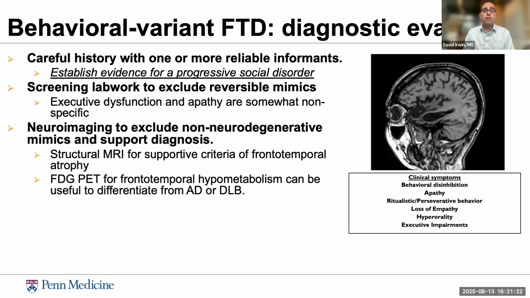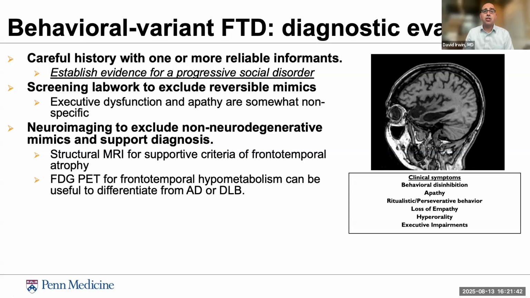Neuroimaging is a key part of the clinical criteria for FTD. It's important to exclude non-neurodegenerative mimics, such as a slow-growing mass in the frontal lobe that could mimic FTD, and also support the diagnosis by showing frontotemporal atrophy, as illustrated here.